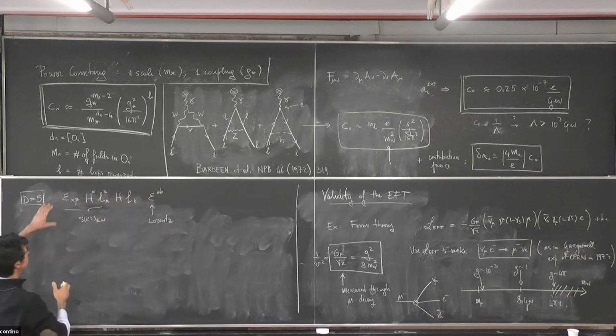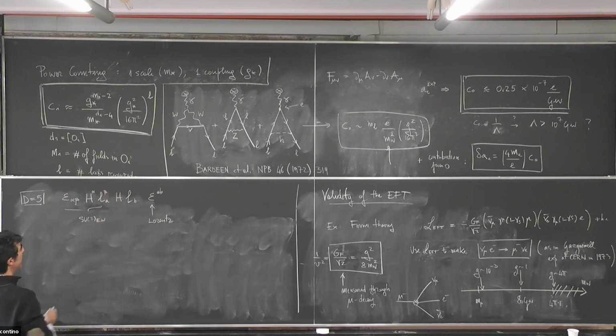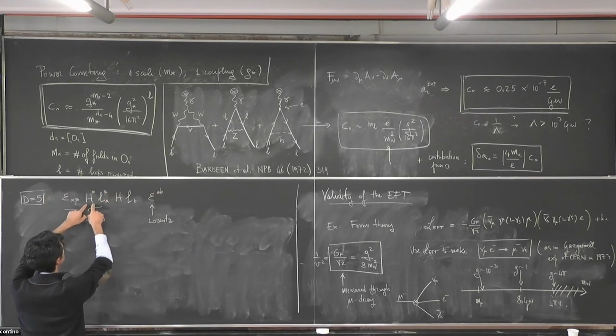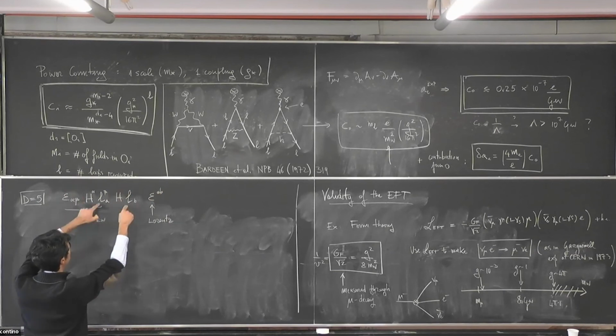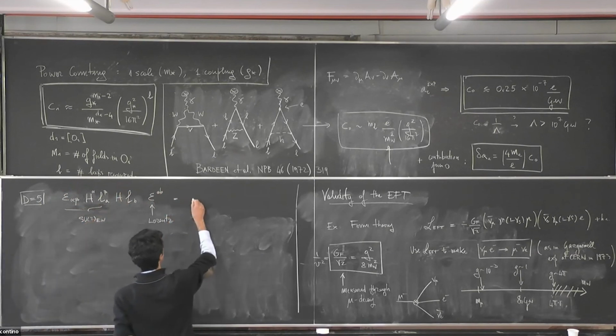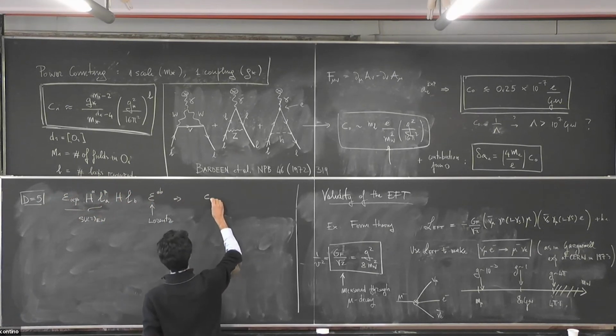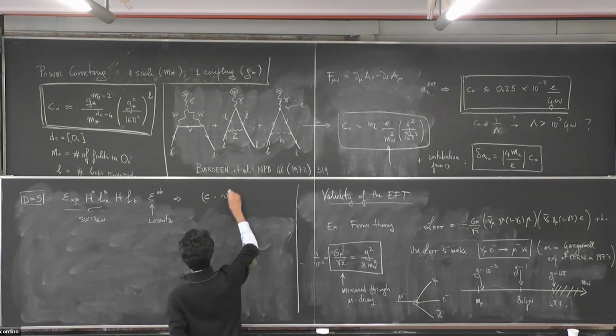So this operator has dimension 5, and once you set the Higgs to its vev, it will select the upper component of both lepton doublets, and this gives you a neutrino mass which goes like C of this operator, times v squared, nu bar nu.